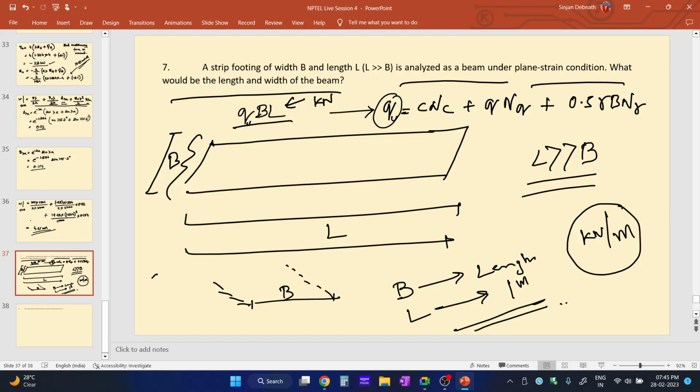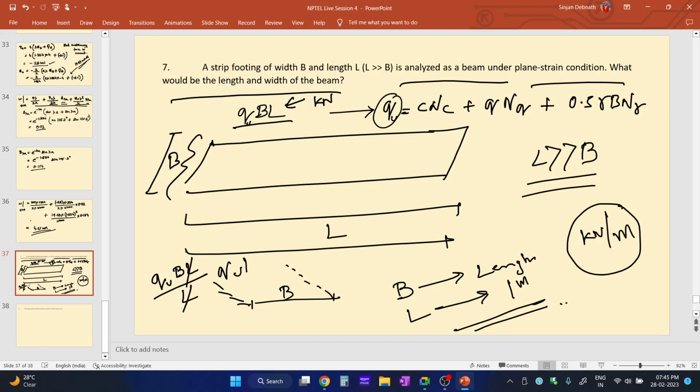In the question, the length of the strip was not given. Assume that it is 1 meter. Only the breadth of the footing was mentioned in all the questions, a strip footing of breadth something. So for those questions, we used to do Qu into B into L by L. That means per meter length.